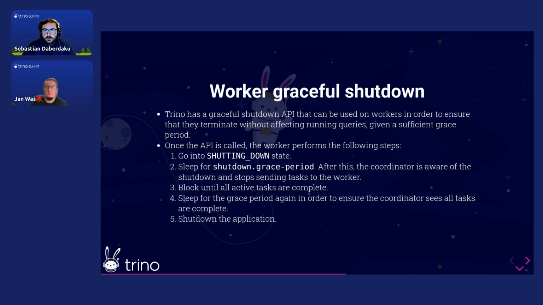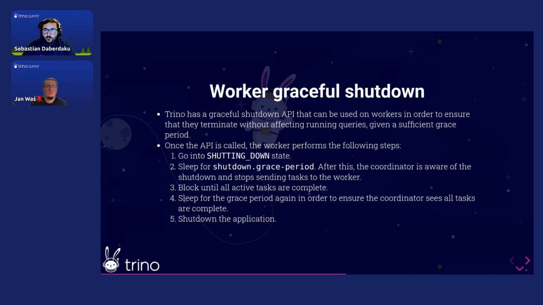This is particularly important if you're scaling down Trino workers, for instance, or if you're running Trino workers on spot instances, which, as we might know, can be interrupted by the cloud provider, and this allows you to have queries that don't fail from the point of view of the user.